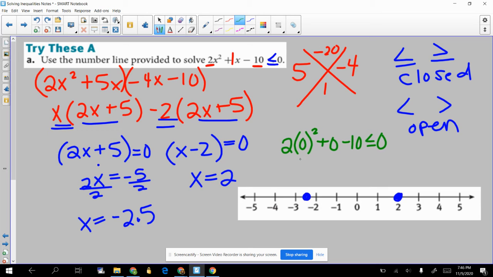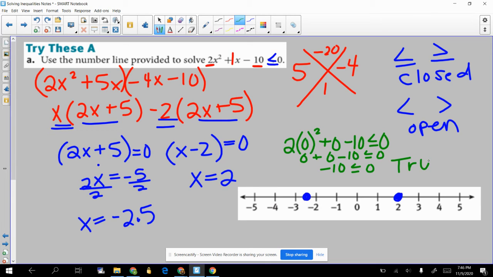So 2 times 0 squared is 0 plus 0 minus 10. So that's going to be a -10. And then you have to read this to yourself and say, okay, is -10 less than or equal to 0? And that is true. -10 is less than 0.